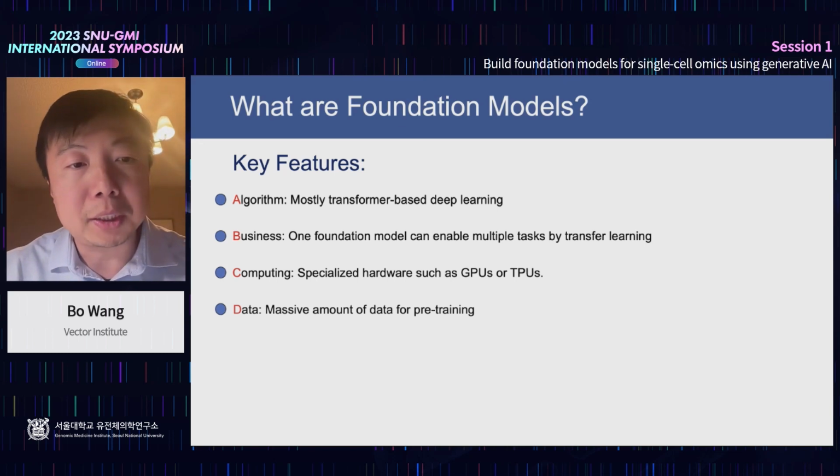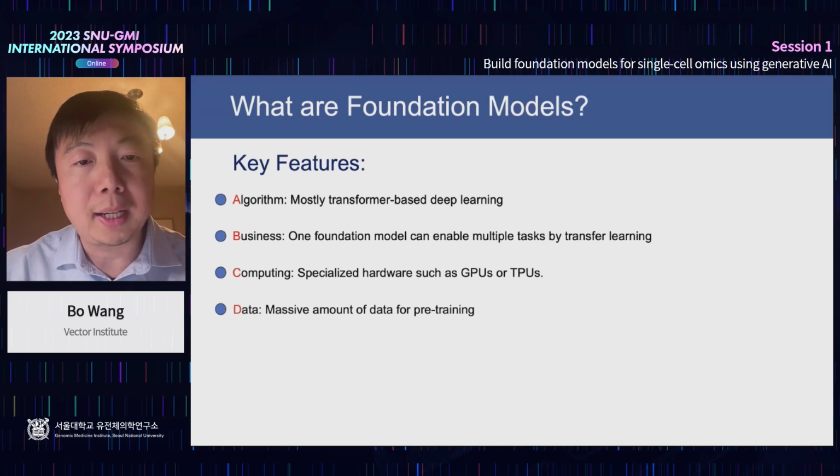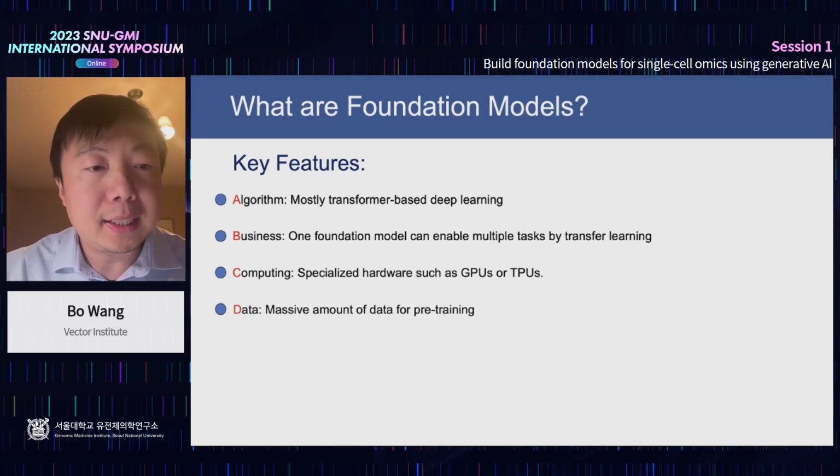The idea, as I mentioned before, is that one foundation model can enable multiple tasks by transfer learning. And C, compute. Many foundation models require heavy compute. D, data. Data is the new oil for AI, and to build a foundation model, it usually requires a massive amount of data for pre-training.